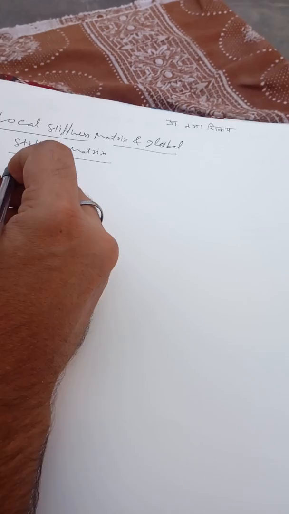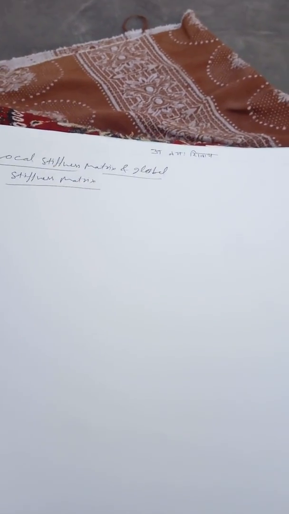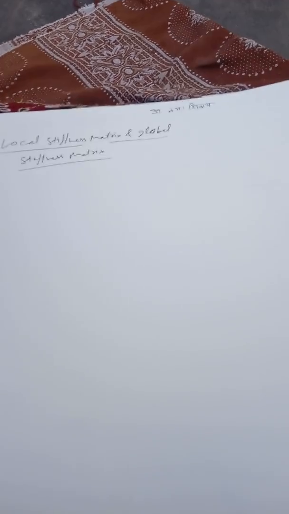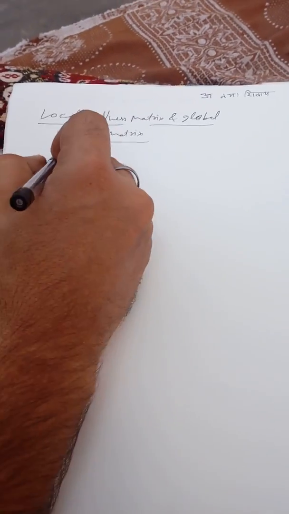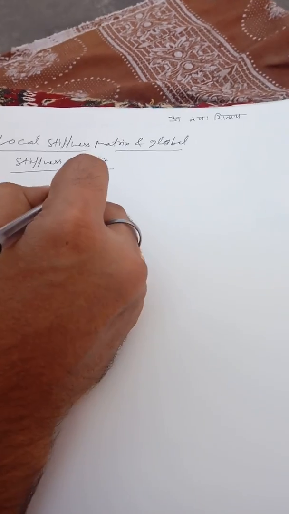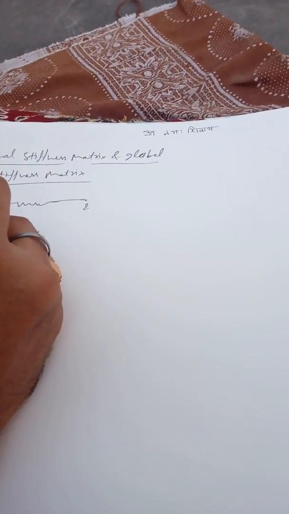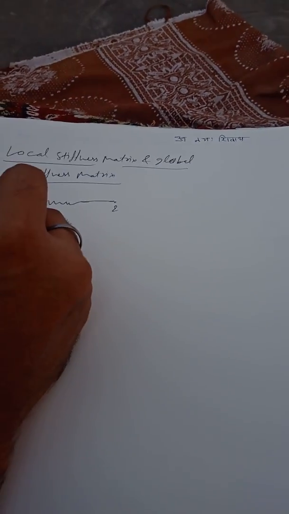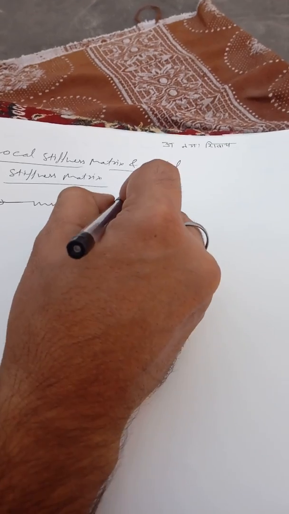Now let us assume a single spring element, and we have one node and this is a second node. At the first node we have a displacement u1 and at the second node we have a displacement u2.